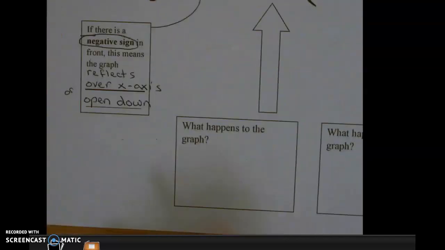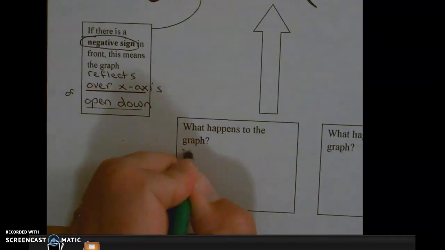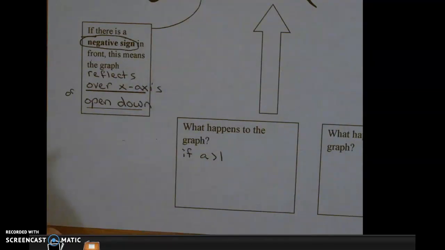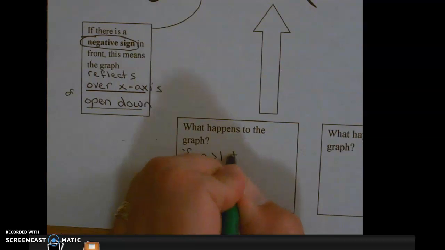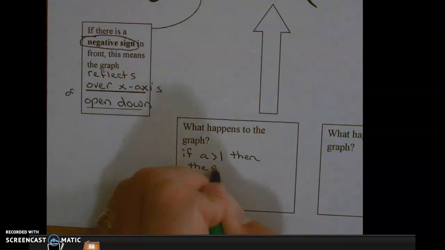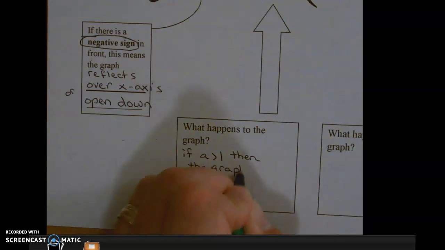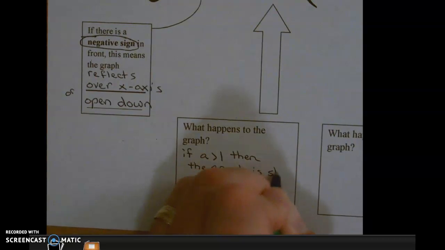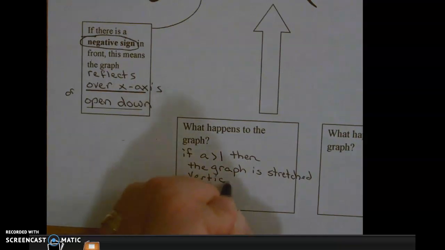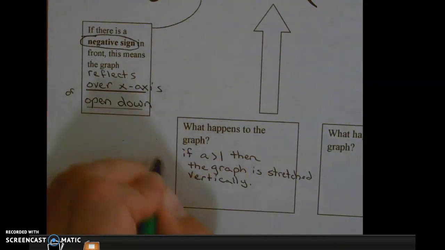So if A is greater than 1, then the graph is stretched vertically. Kind of like this.